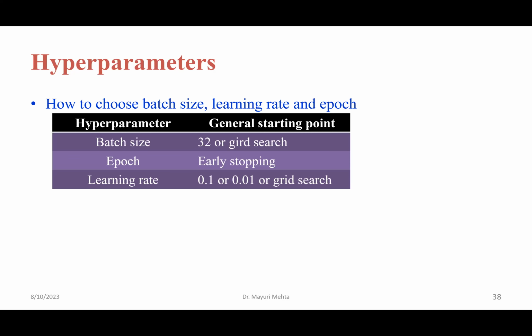However, a very large batch size can also cause the model to converge to a suboptimal solution.